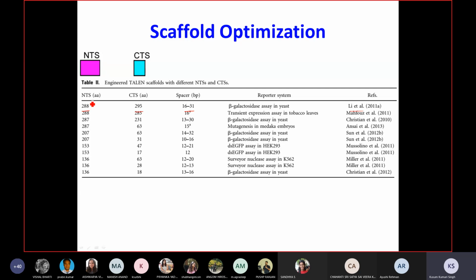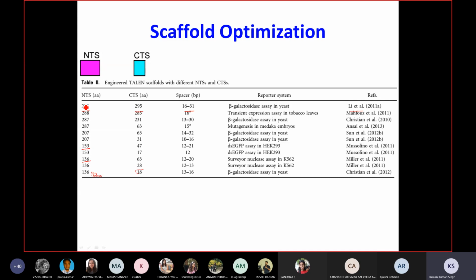They deleted a lot of sequences from the N-terminus, and the last they were able to truncate was up to 153 amino acids and up to 136. Below this, if they got below 127, the whole thing collapsed. That means it didn't work anymore. From the C-terminus, it was seen that up to 18 amino acids were important.